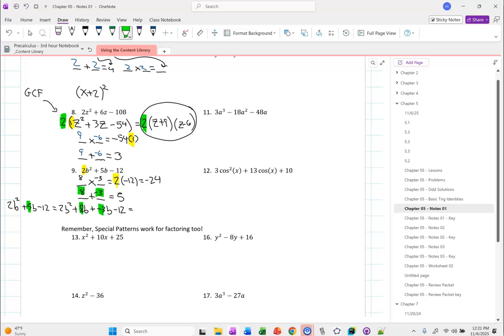Is everybody okay there? Remember doing this? Oh, I hope it's been more than vaguely. Okay, what do we do now that we've rewritten it as a 4-term polynomial?